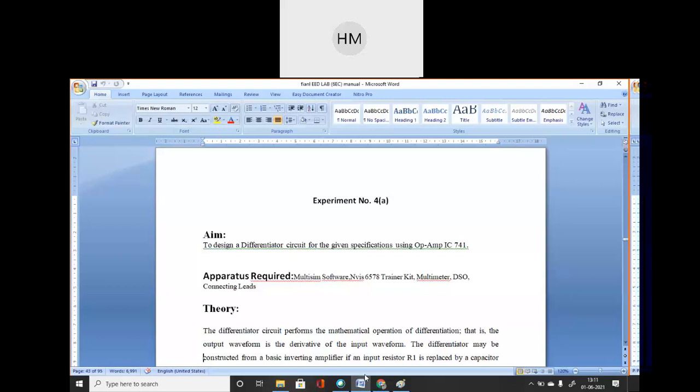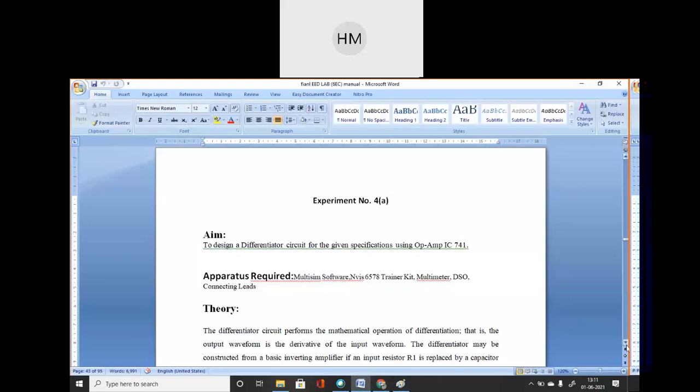So write down: to design a differentiator circuit, 4th A experiment, for the given specification. We have to perform this experiment on Multisim only, and a few parameters will be given to you that I will tell you.